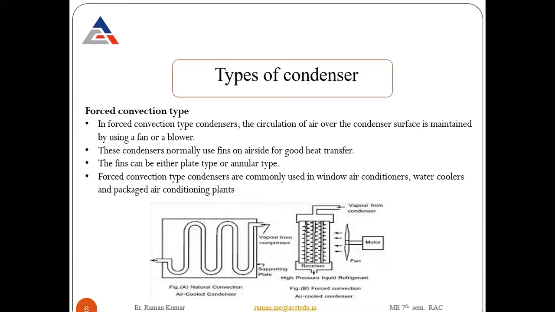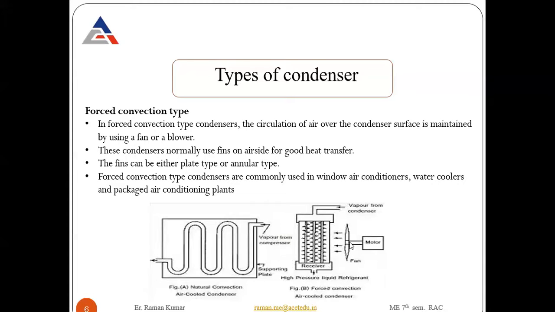So look at here, in the forced convection type condenser, again vapor is coming from the condenser. When it comes, it will give its heat again to the fins which are attached to the pipe. But to circulate more air over the surface of the pipe, we arrange a fan behind the condenser.